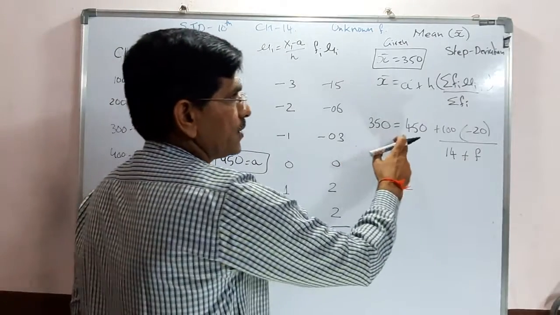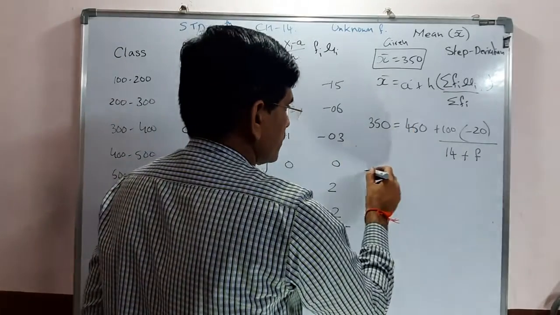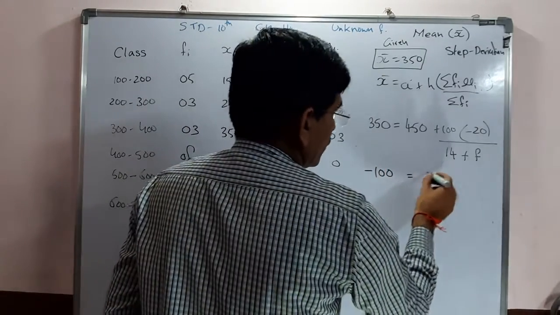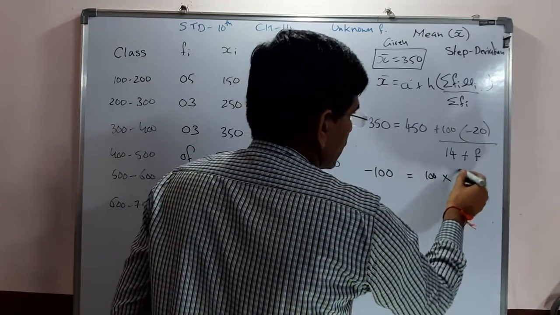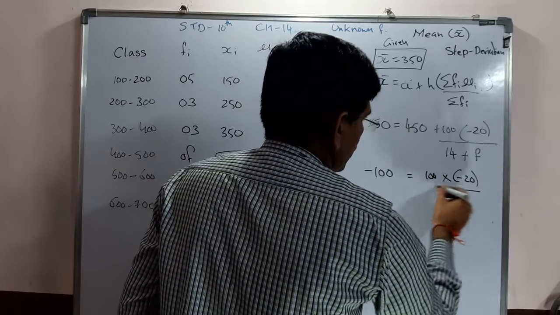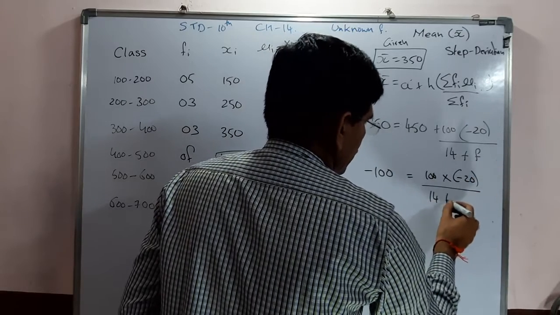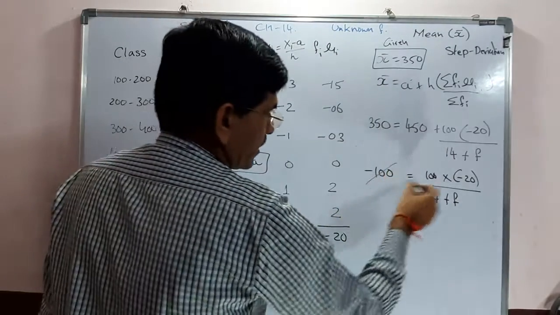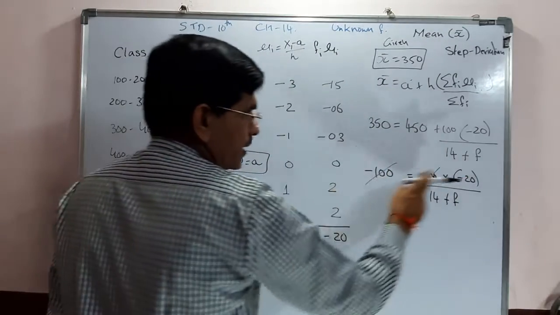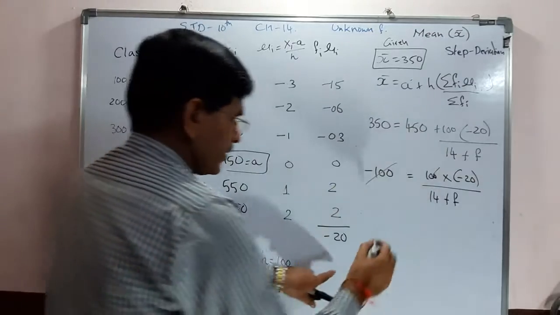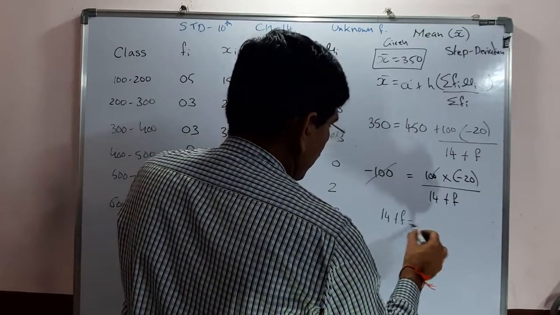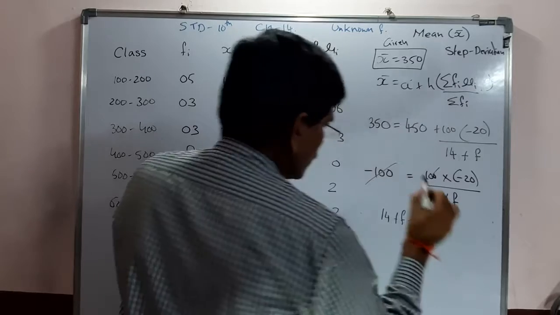So 350 is equal to 450, so minus 100 is equal to 100 multiplied by minus 20 upon 14 plus f. If you see, 100 cuts and the negative sign also cuts. So 14 plus f is equal to 20.